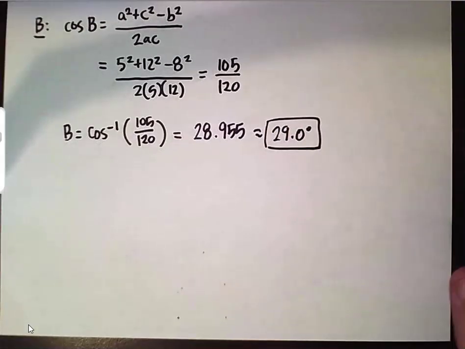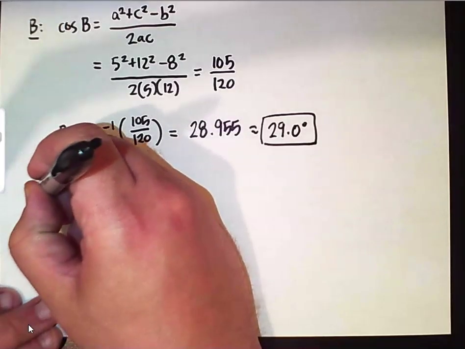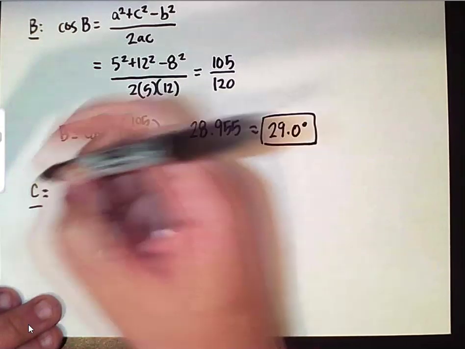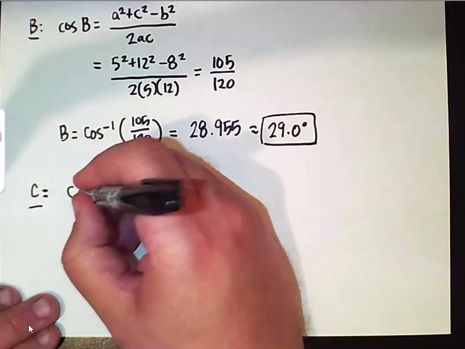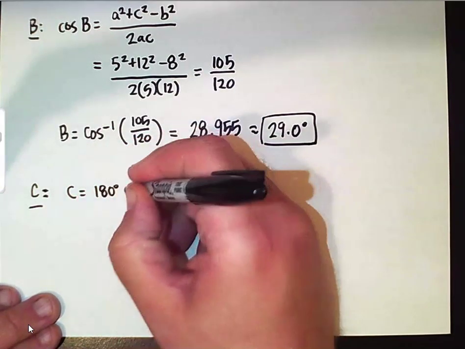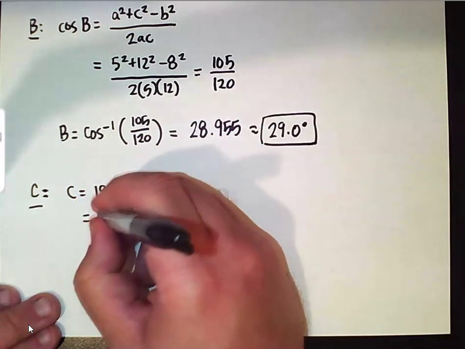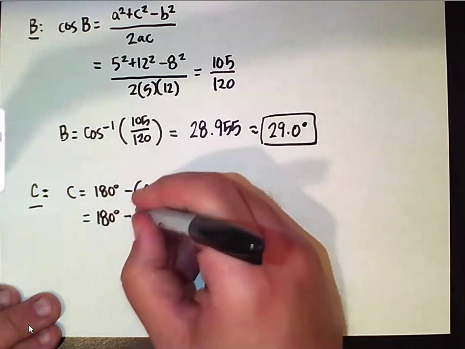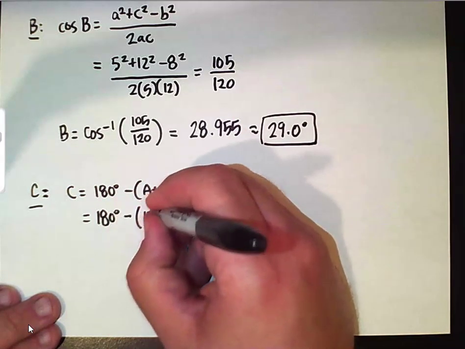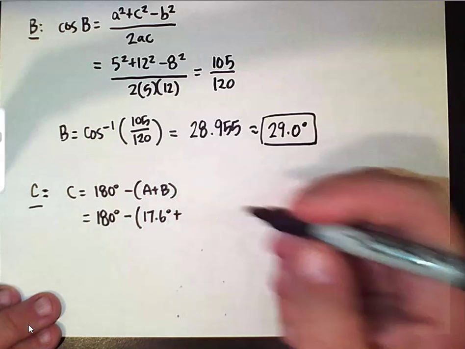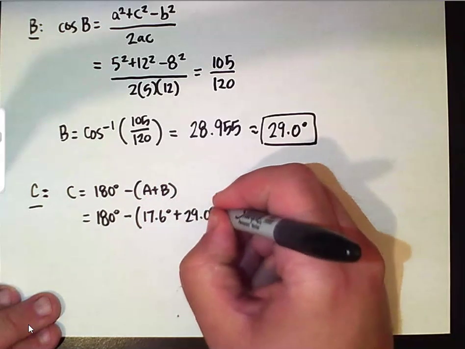And now that I've got angle A and angle B, angle C is just 180 degrees minus the sum of A and B. So that's 180 degrees minus angle A was 17.6, angle B is 29.